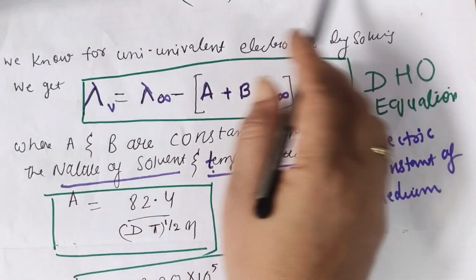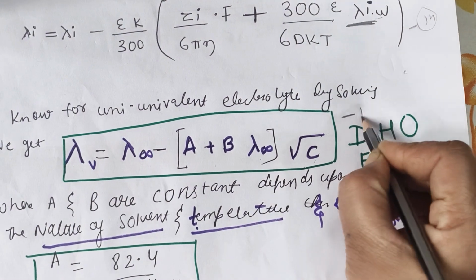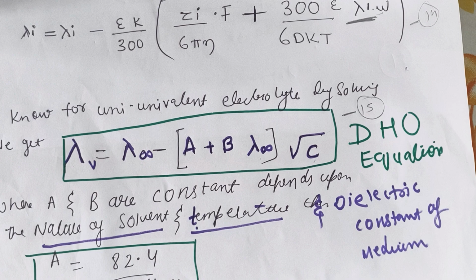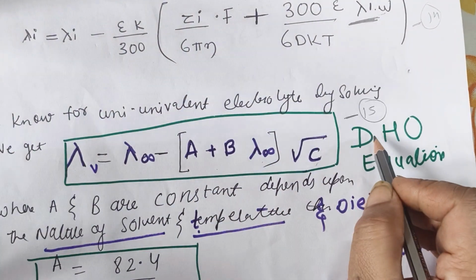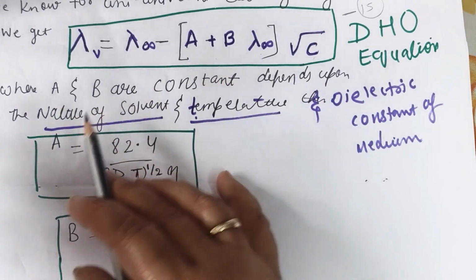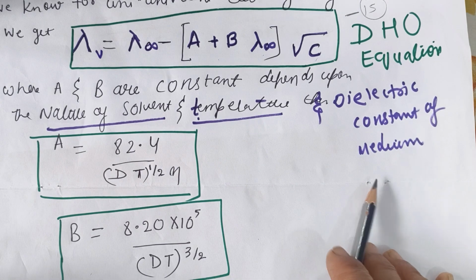So by solving equation number 14 you will have the complete equation, that is your Debye-Huckel-Onsager equation. There is no need to solve this in much detail. You can give the final equation 15, where a and b are constants and they depend upon the nature of the solvent, temperature and the dielectric constant of the medium.